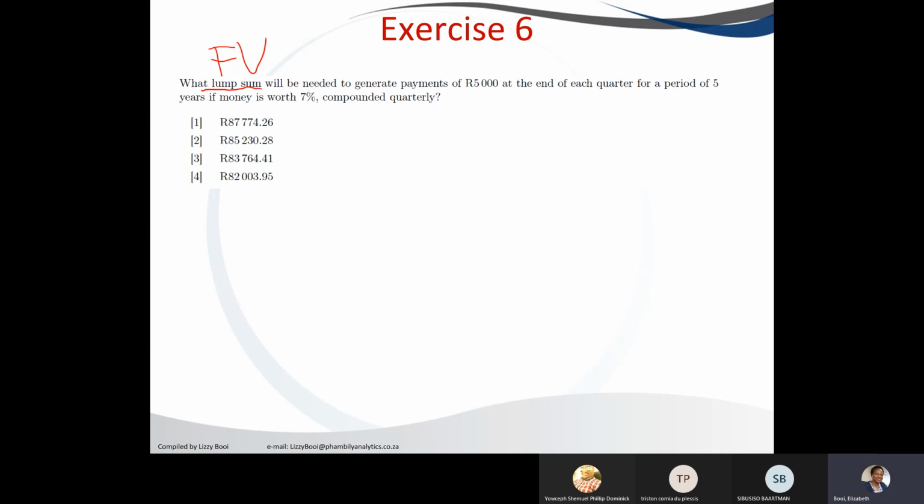I think it needs the present value, not the future value. They want you to find the present value.